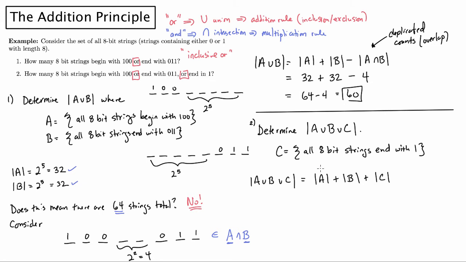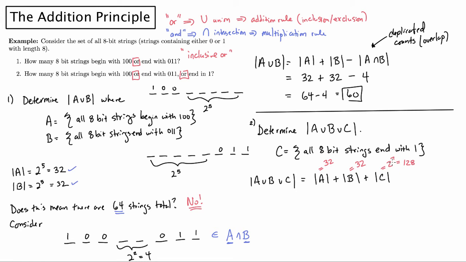The sizes here are the same as before. This is 32, this is 32, and what about the size of the set C? Well, because it ends with the element 1, that means there are 7 elements left open. So that is 2 to the 7th or 128 possible things in the set C.